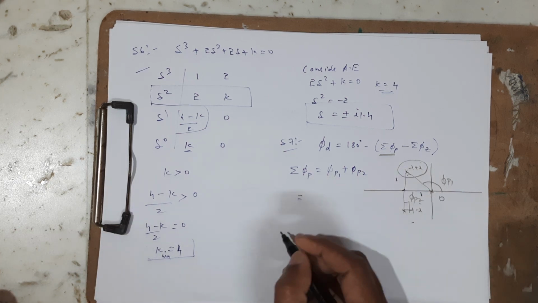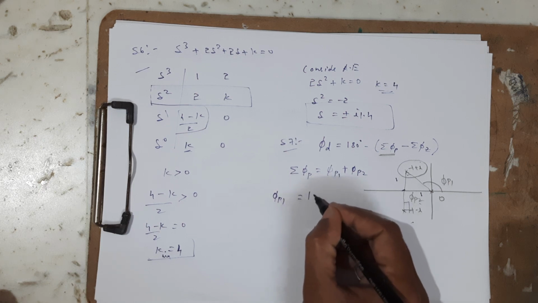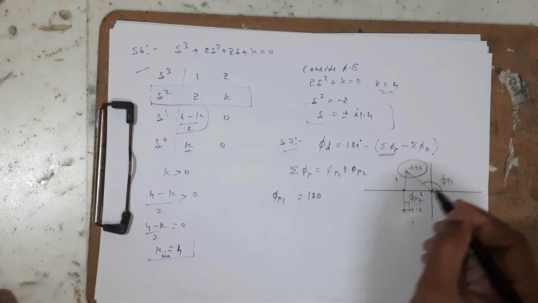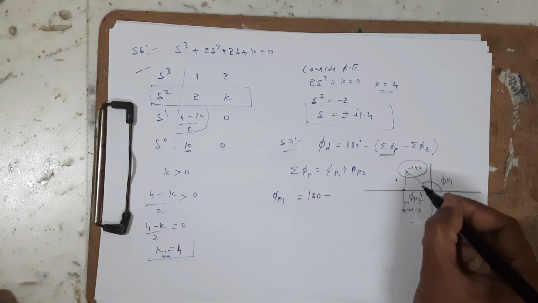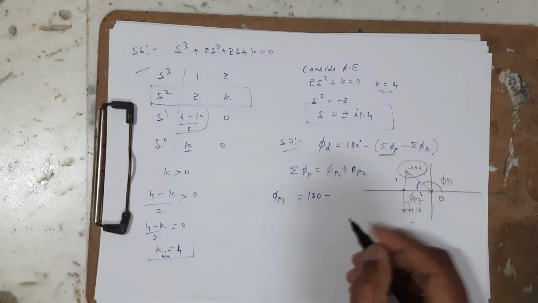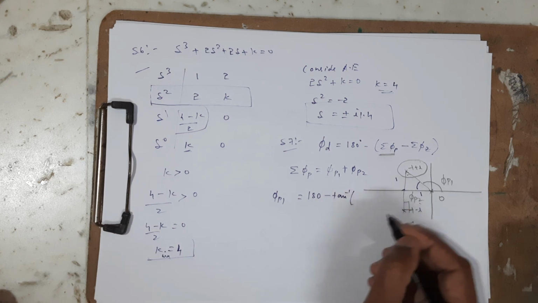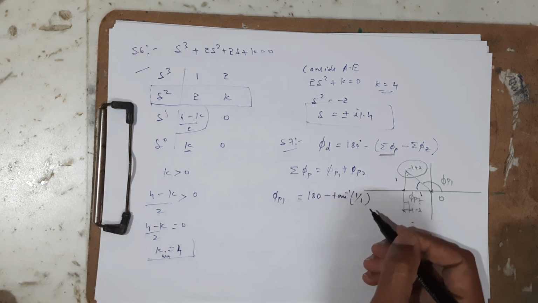So therefore, what is phi p1? That is equal to 180 minus this angle. This angle I can find out with the help of tan inverse of y by x. What is y? 1. What is x? It is 1. Correct?